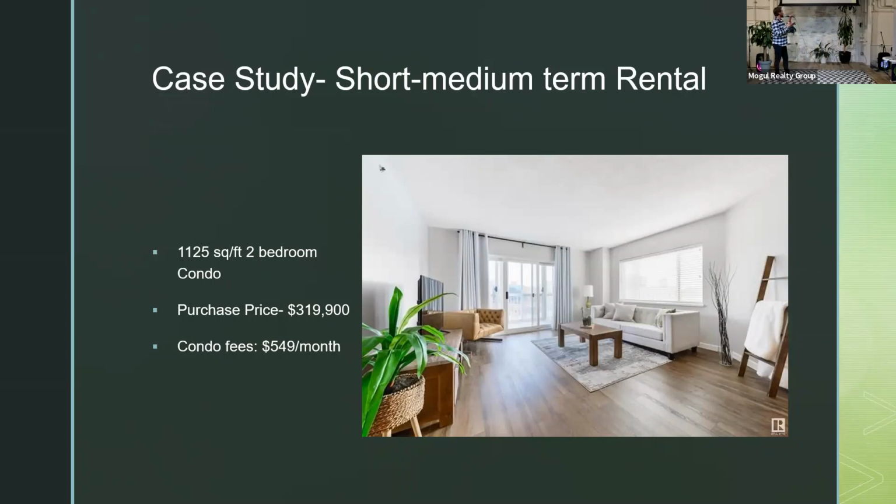But if you look for the older buildings, you will find some better options with a little bit more square footage. Again, be cautious on how much your condo fees are and take a look at the reserve fund. So this one is 1,125 square feet, 2 bedroom, purchase price of $319,900. And condo fees on this one are about $549 a month. So not too bad.